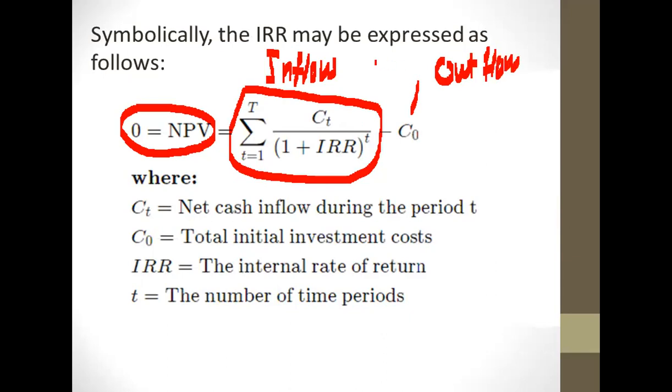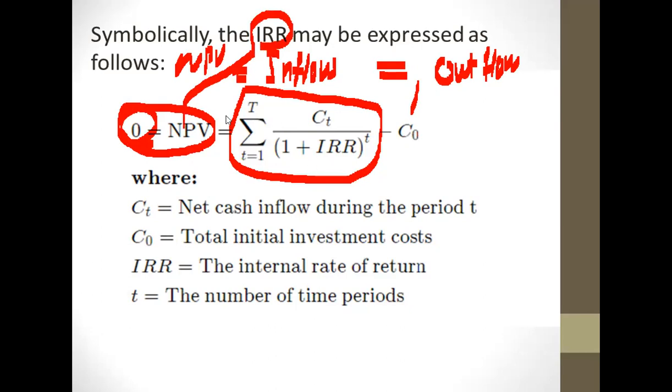That means inflow must be equal to outflow, and NPV then becomes 0. So symbolically, IRR may be expressed as NPV 0 equals NPV. It simply means NPV becomes 0 when the inflows become equal to outflows, when the difference between inflow and outflow is equal to 0. Then you have what is called internal rate of return.